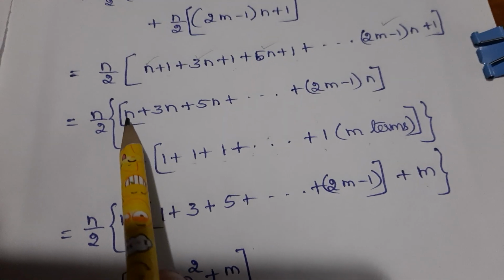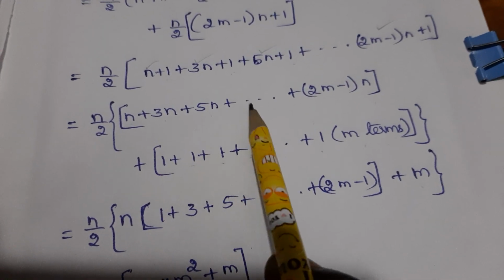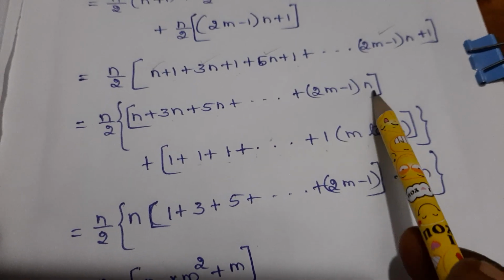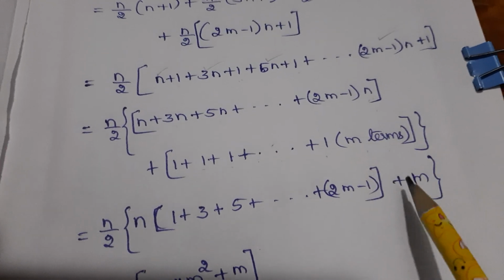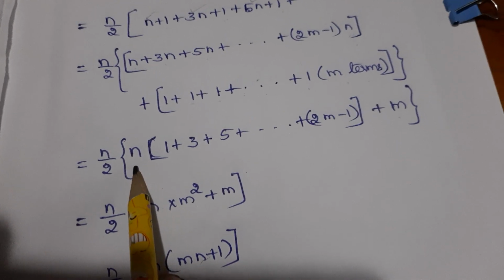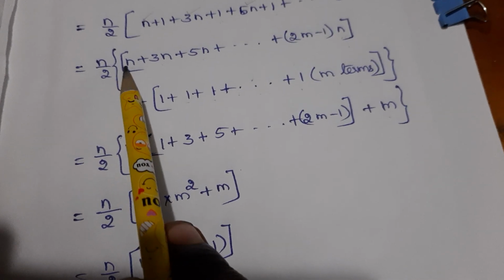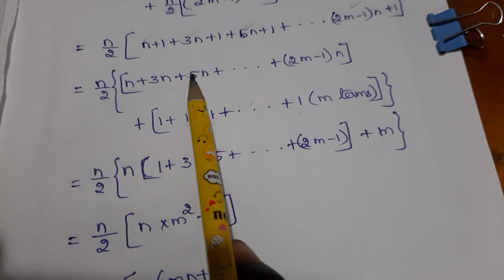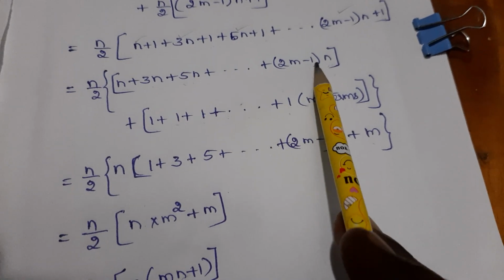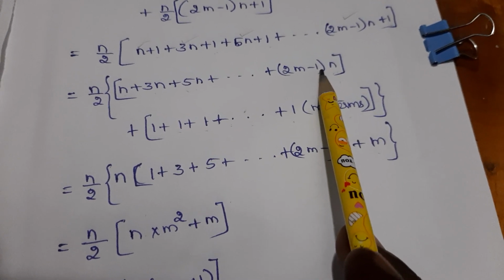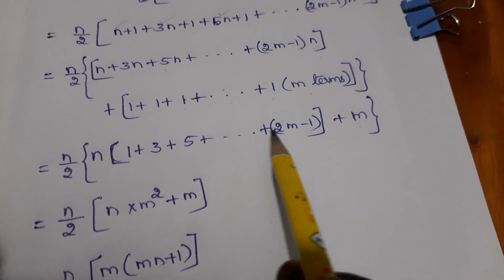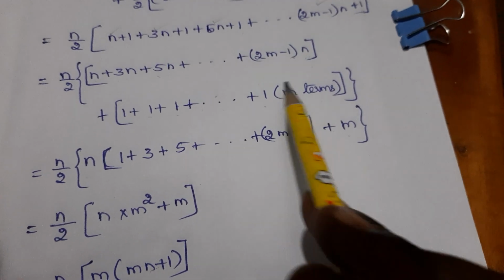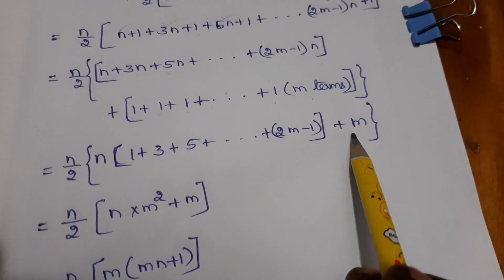The remaining here: n plus 3n plus 5n plus etc. plus (2m minus 1) into n. In all this we have n common. So take that n commonly outside and the remaining coefficients 1 plus 3 plus 5 plus etc. plus (2m minus 1). Okay. So we are getting n into (1 plus 3 plus 5 plus etc. plus 2m minus 1) plus the sum value m.